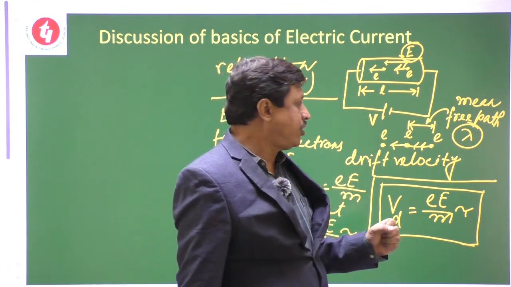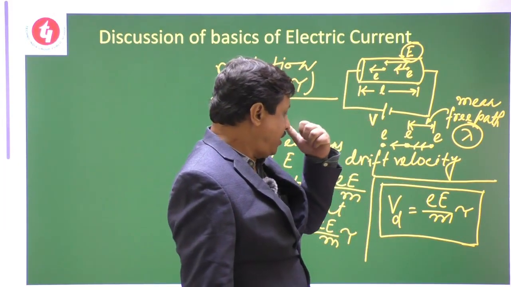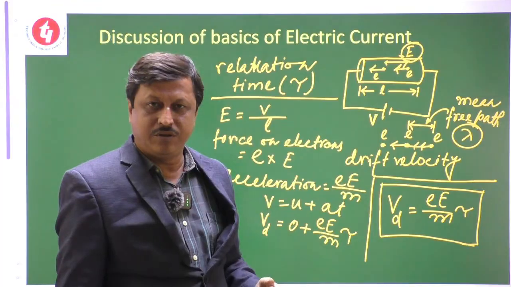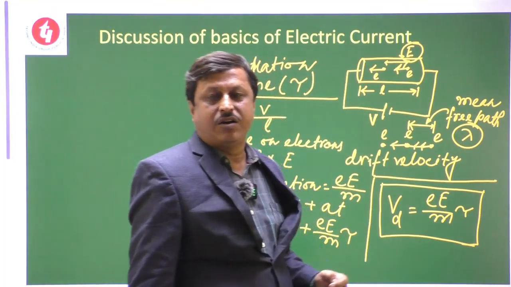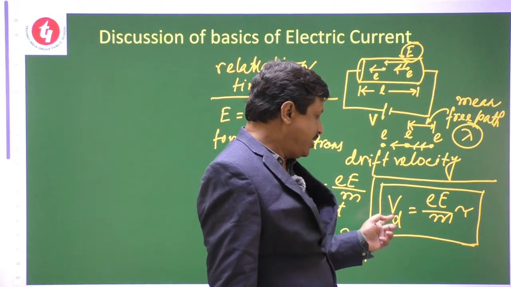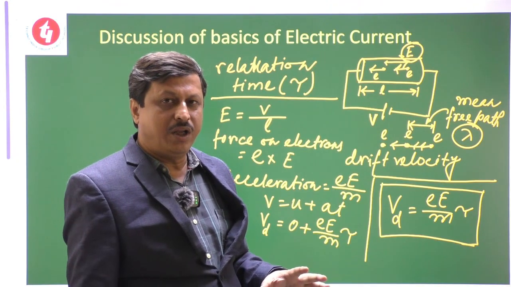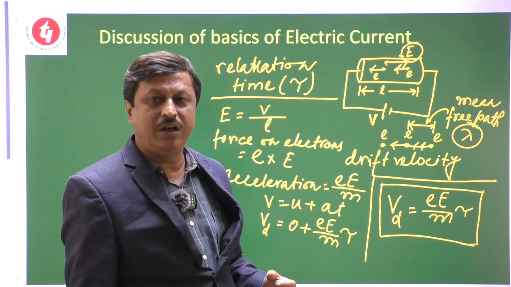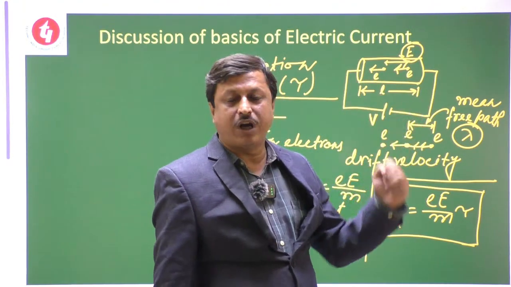Obviously drift velocity depends on the electric field, so you can say it depends on the potential difference of the cell. When the potential difference increases, the electric field inside the conductor also increases. So when the electric field increases, drift velocity also increases.